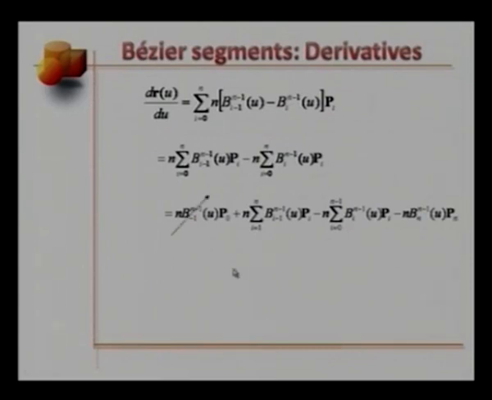By convention, b sub minus 1 super n minus 1 is 0. Likewise, b sub n super n minus 1 is 0. This is an exercise for you to find why this is so.